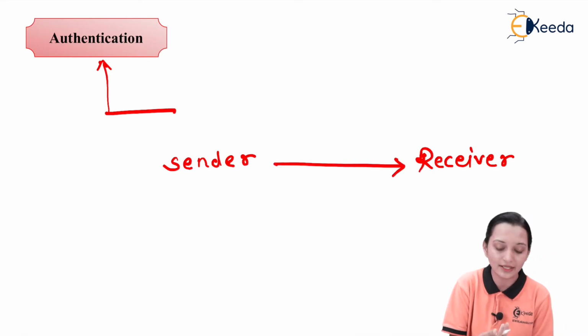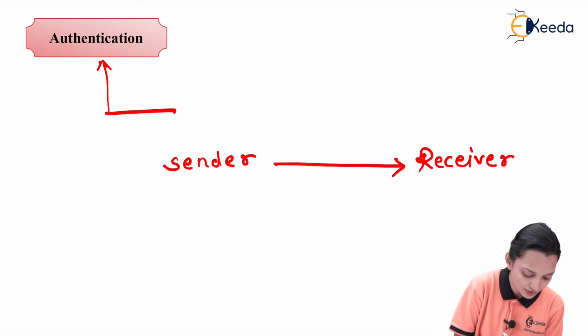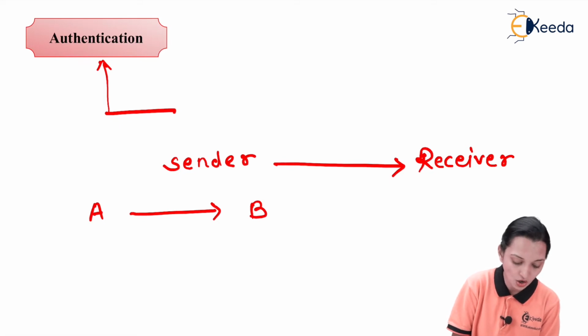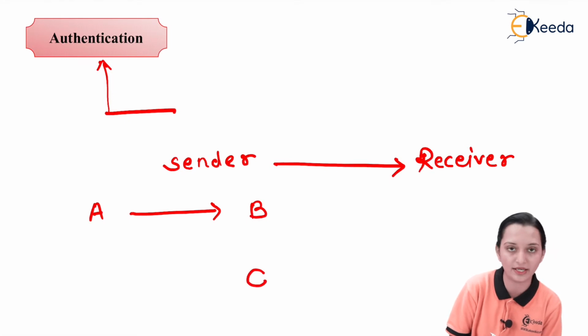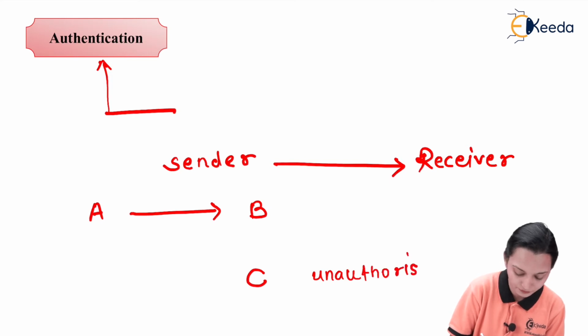Suppose I try to be receiver at the same time. That means suppose A is the sender, B is the receiver, but in the process of sending and receiving some data, suppose C also entered. Then C is an unauthorized user, no doubt.